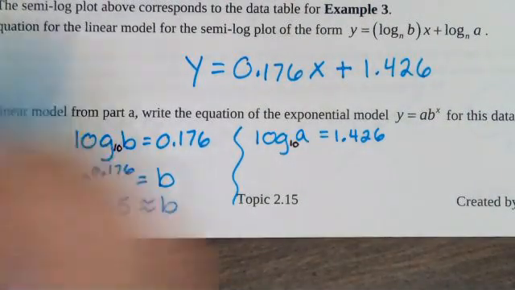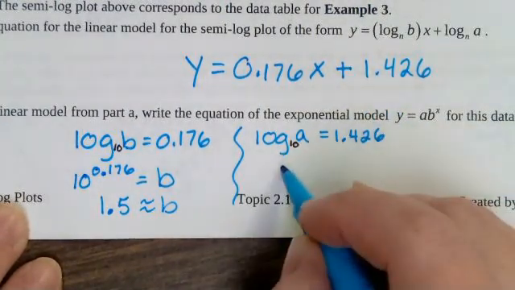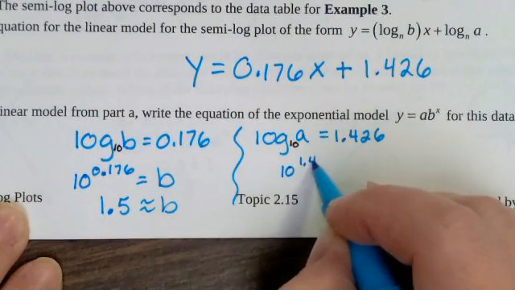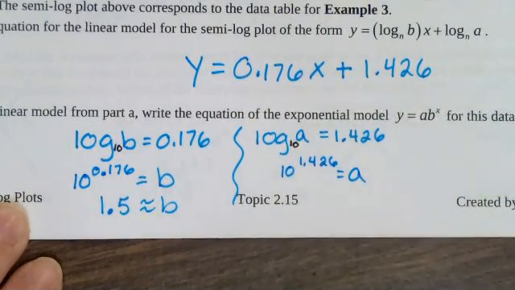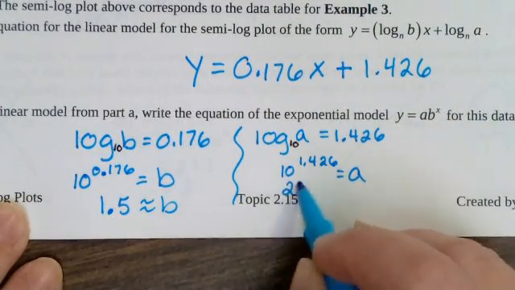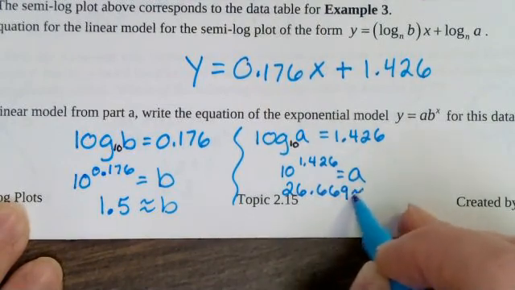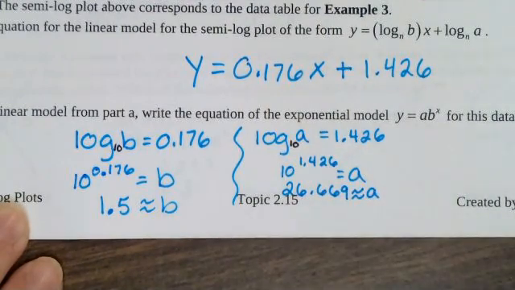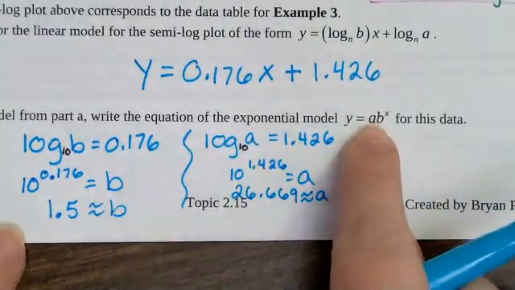The next thing I need to do is calculate the a value. So my a value here, we're going to do 10 to the 1.426 equals a. So just convert that to exponential form, raise this to that power, and it's going to give you 26.669 for a. Once you know these values, plug them into this formula.